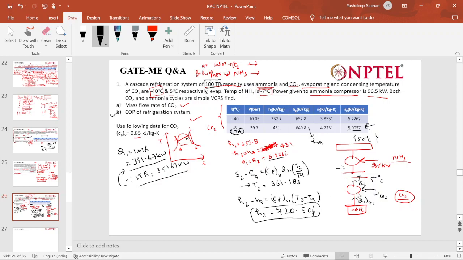And one more thing, you can find COP of the system first, this first system, because here you know everything, right? So COP of the first system, COP of CO2. What will be the COP of CO2 system?